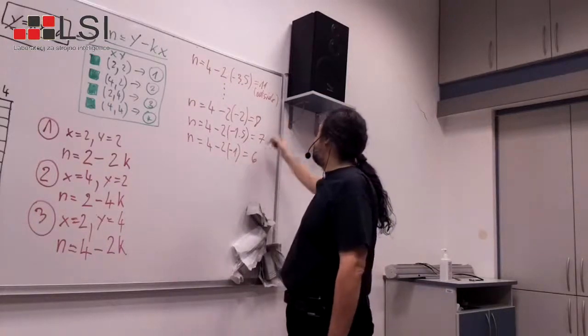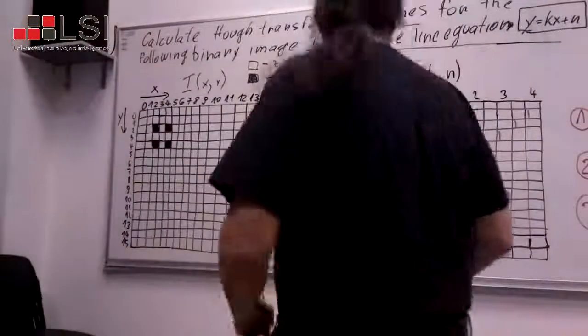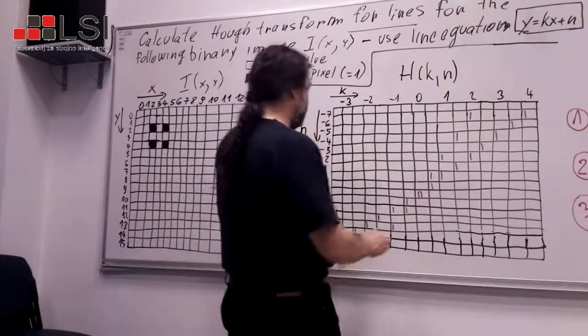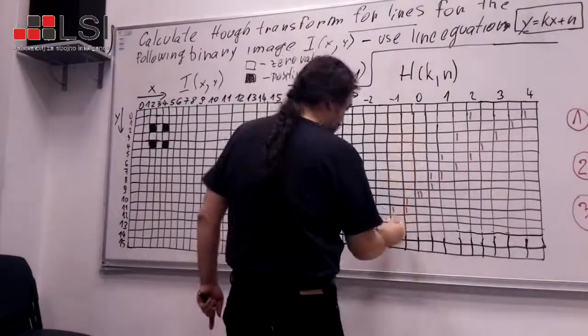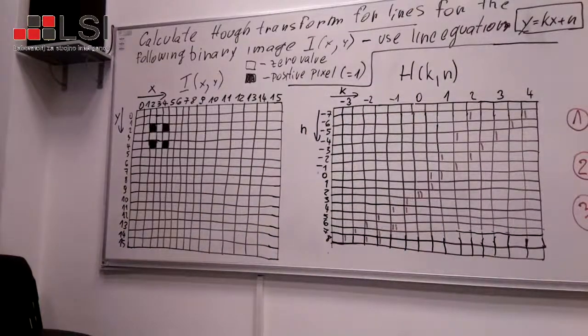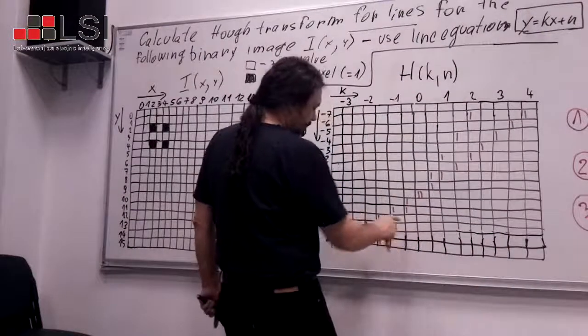And you see the pattern, yeah? 8, 7, 6. So if we have minus 1, then we need to put a vote at 6. Oh, look, now here we have 2 votes. I'll just check if this is correct. Yes, we get an additional vote here.